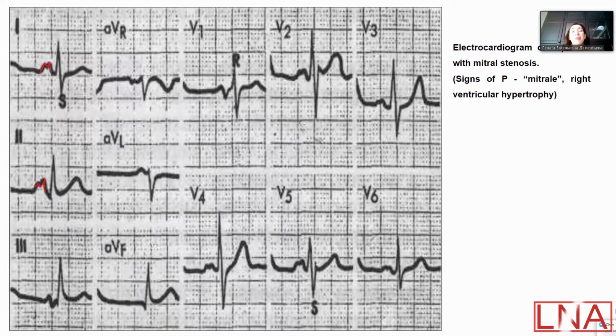And P mitrale is a sign of developing hypertrophy of the left atrium, as you know. And for signs of ventricular hypertrophy, we should look at the dynamics of the R wave from V1 to V2, and look, it's the R type of hypertrophy of the right ventricle. Yes, big amplitude R wave in V1 and V2, and big amplitude S wave in V4 and V5.